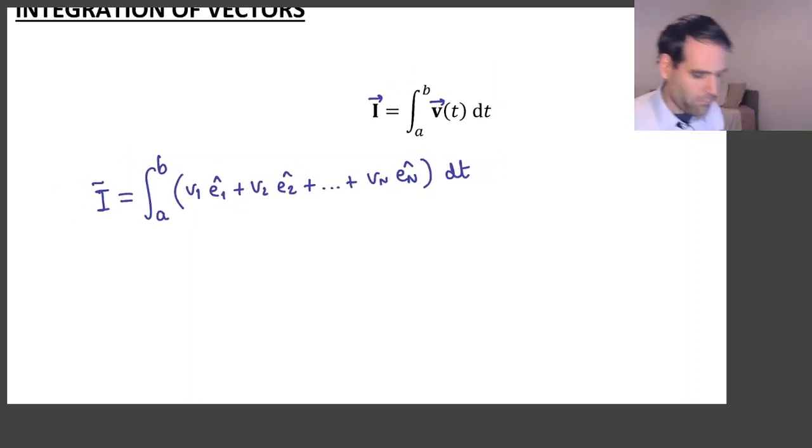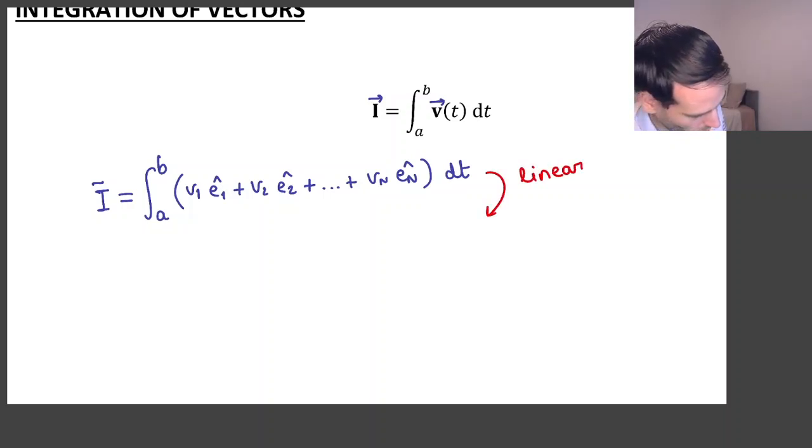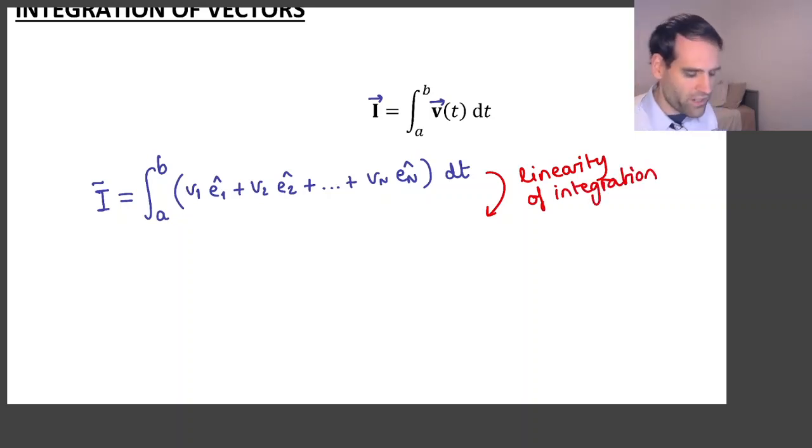And now you can apply the linearity of the integration. Which means that the integral of a linear combination is equal to the linear combination of the integrals. Okay?